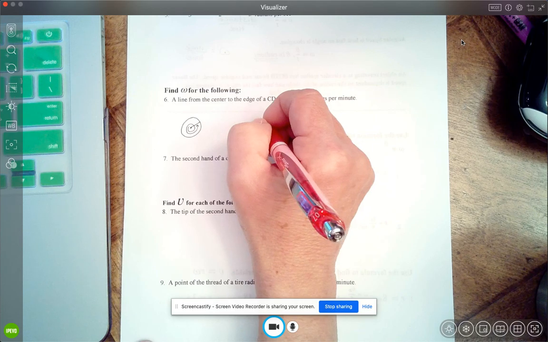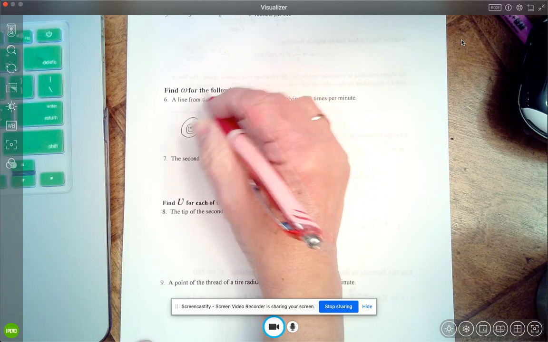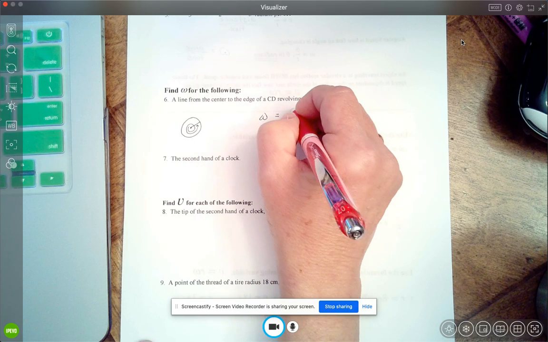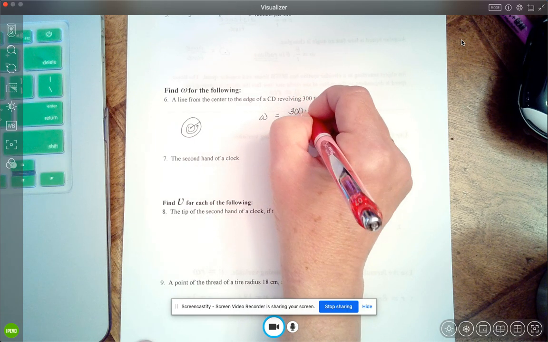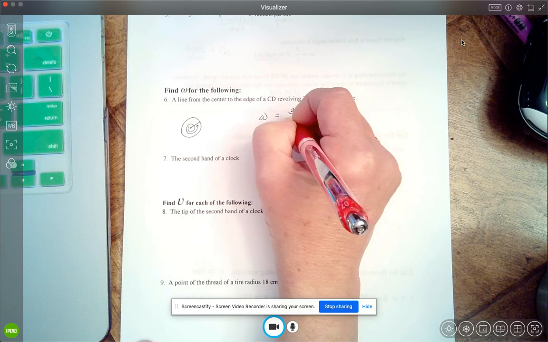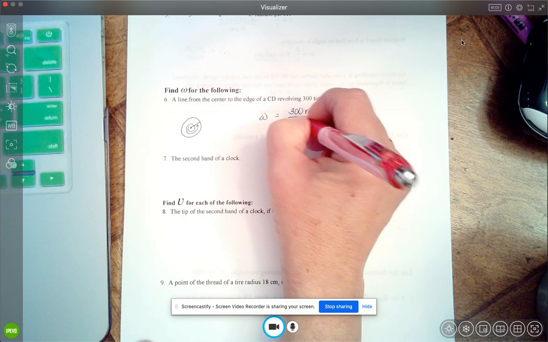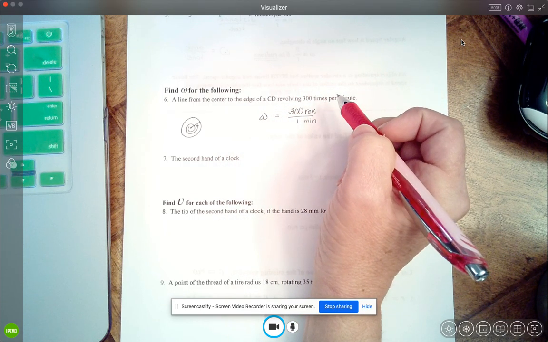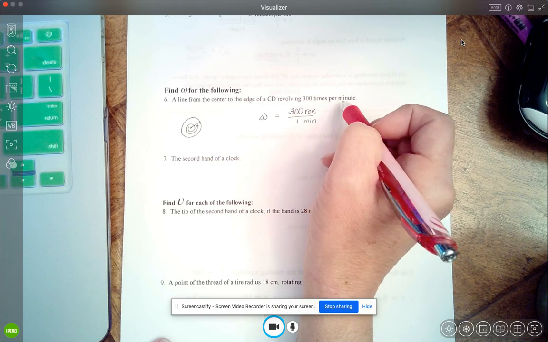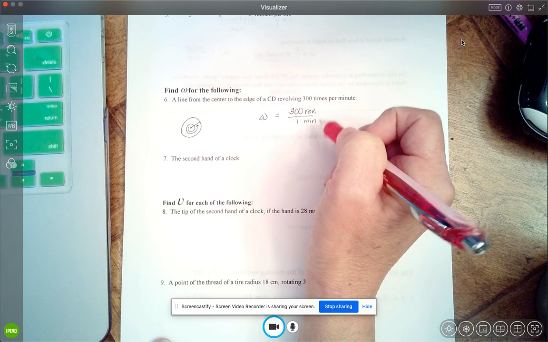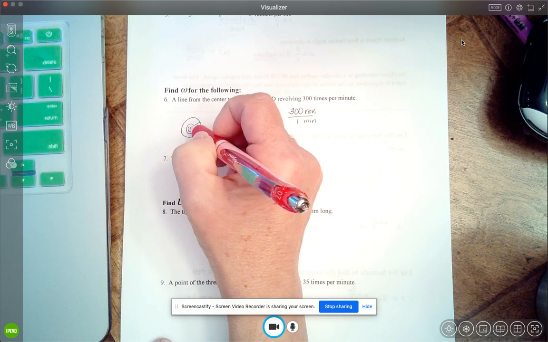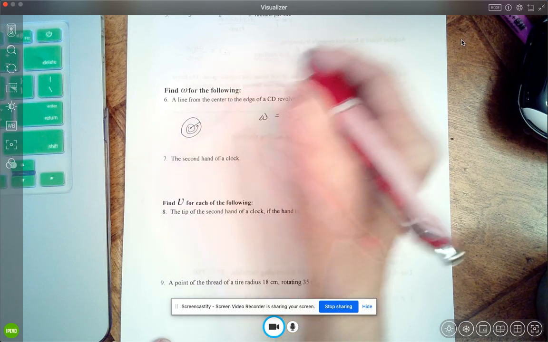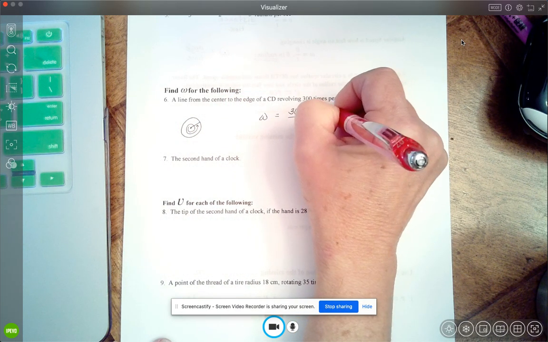So what we can say here is my angular speed, that's what I'm asked to find, is 300 revolutions per 1 minute. But how many radians are in here? We know that it's 360 degrees, and we saw last week that this is 2 pi radians.